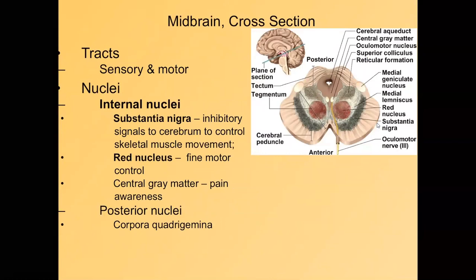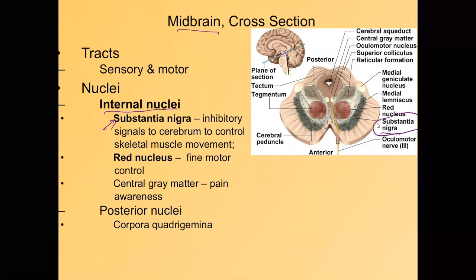Okay, now if we go up higher, and we're going through the midbrain, and we're kind of taking a cross section, you're going to see some internal nuclei in here. One of the internal nuclei that you see is called the substantia nigra.